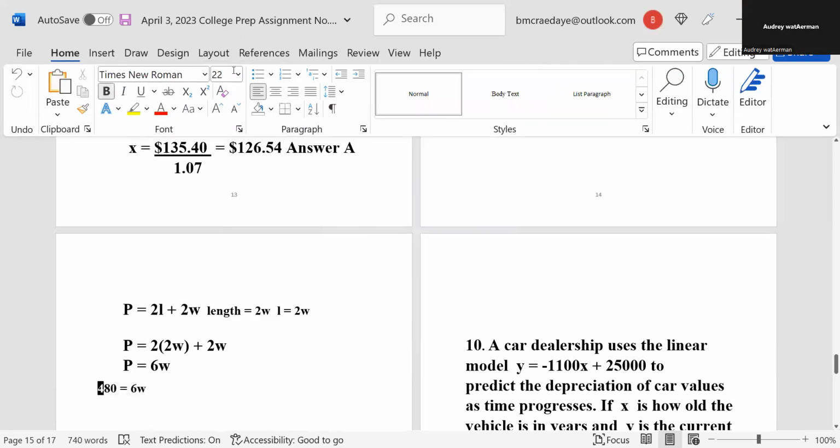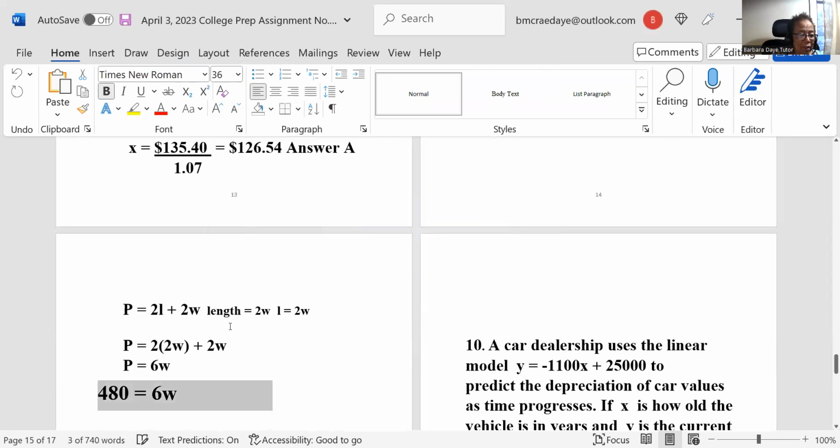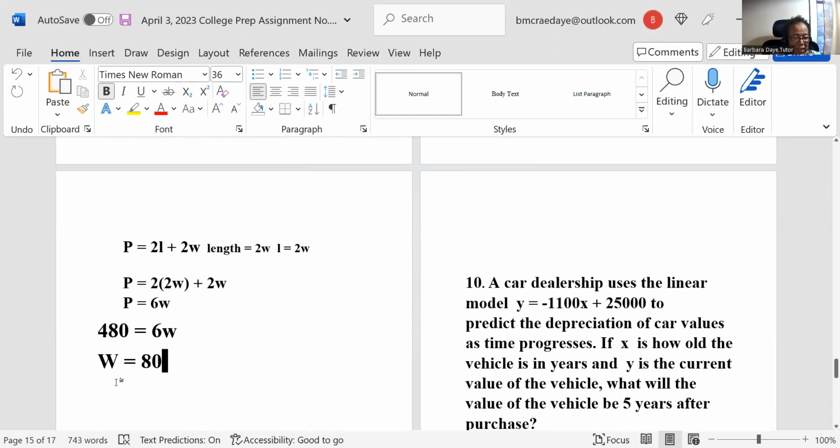So P equals 480, which is equal to 6W, like Maureen said. Now W is equal to 80 because you divide both sides by 6, right? W equals 80. But if 80 is the width, Maureen, what is the length?